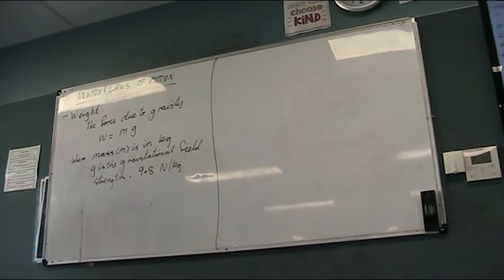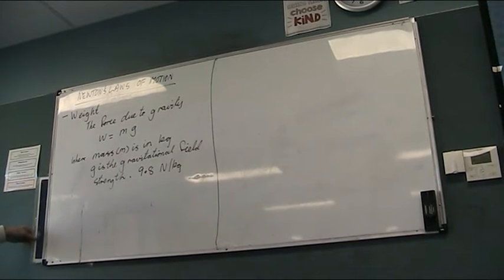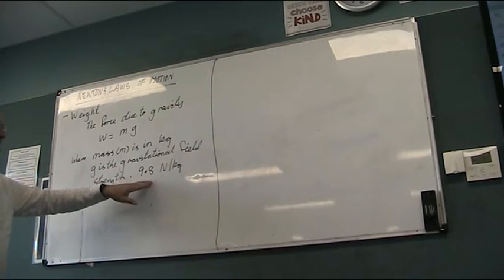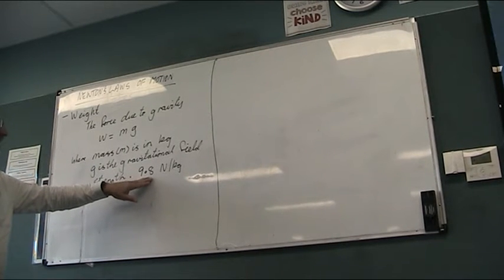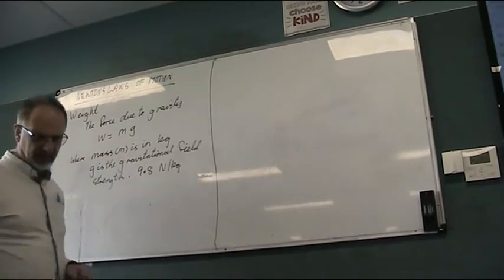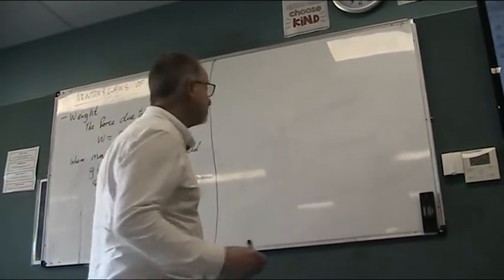And that's the value that we use in spec when we are asked to use that. So when we're asked to do something and give a certain number of decimal places in our answer, we would use the 9.8. If we're not asked that, we just use the symbol g. All right, so that's one of the things.